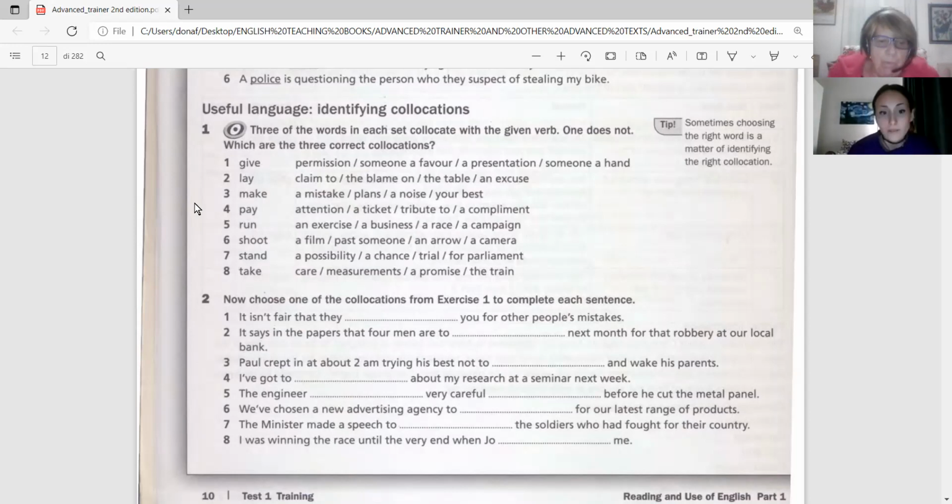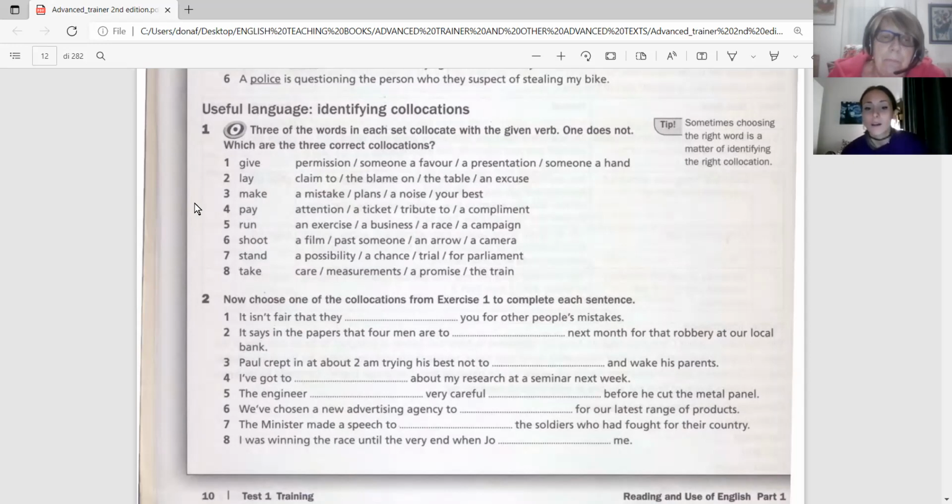Pay attention, pay a ticket, pay tribute to, pay a compliment. The last is correct. You pay a compliment to somebody.